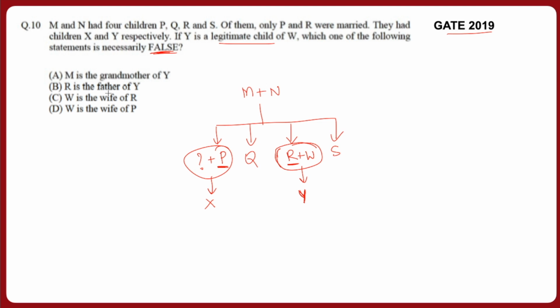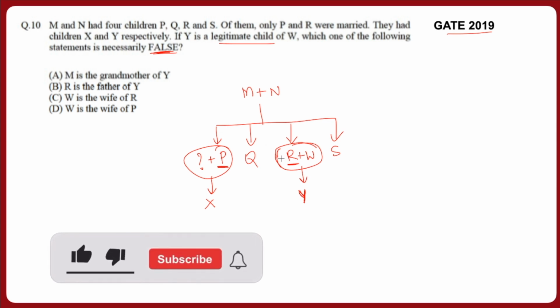Second says R is the father of Y. Okay. So R can be father of Y. It can be true because it is not mentioned whether R is male or female. So R can be father of Y also. Fine. C says that W is the wife of R. So if R is father of Y, then yes, W will be wife of R, right?